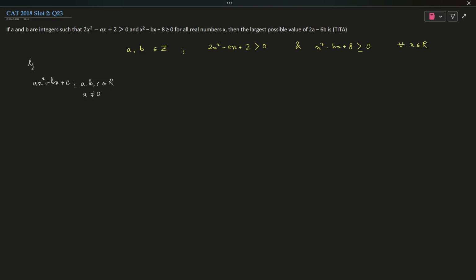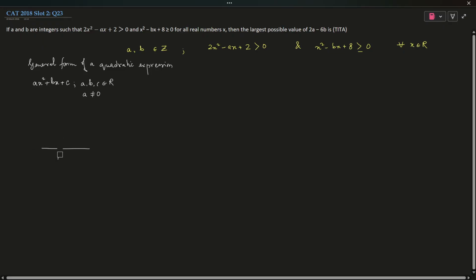I will write here, this is the general form of a quadratic expression. Now, the graph of this expression will look like this.